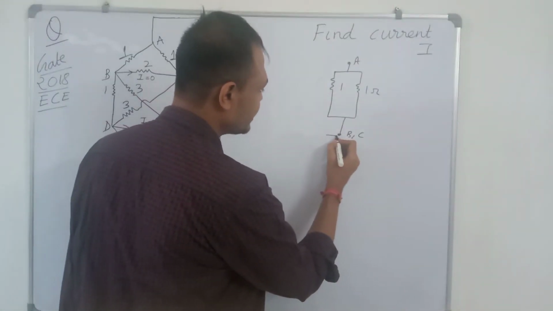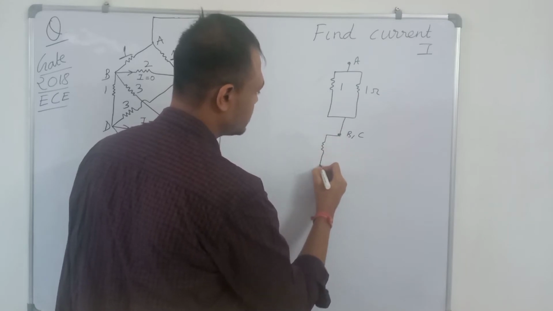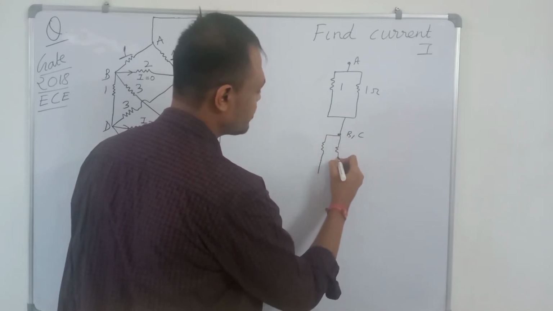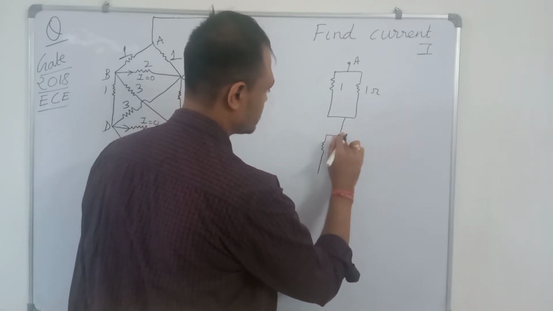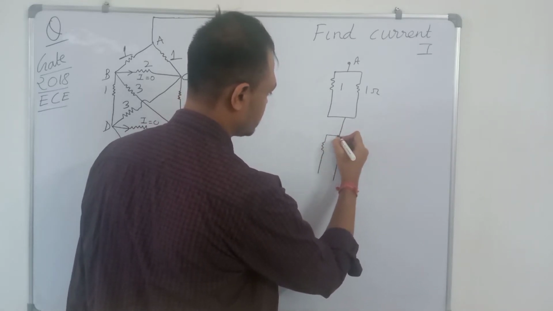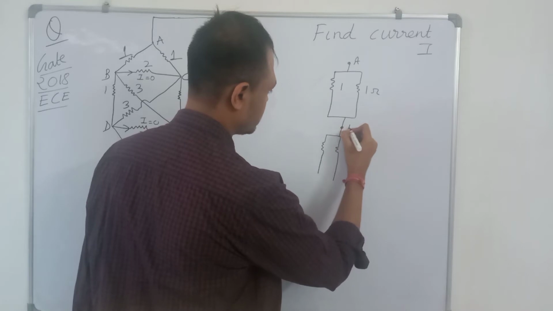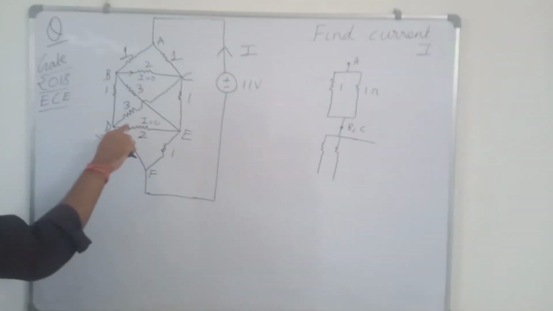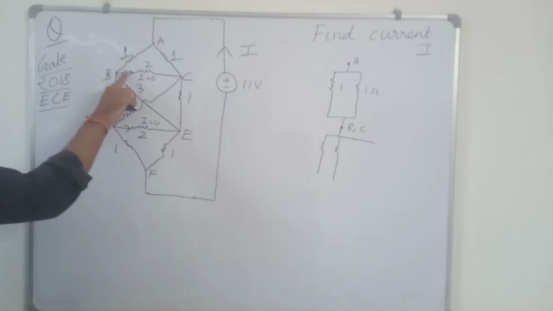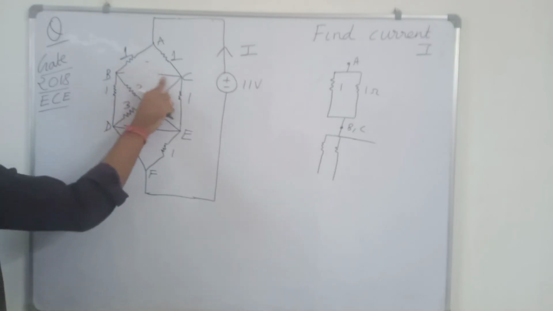Similarly, D and E are equipotential points, so we can remove this 2 ohm resistor and this resistor as well.